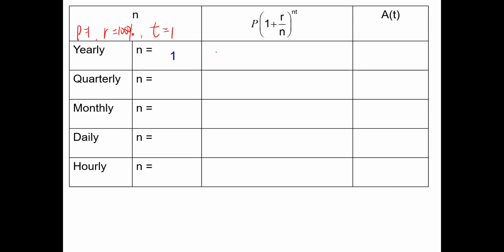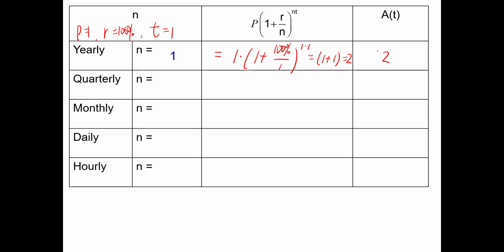So that should be equal to principal $1, 1 unit, times 1 plus 100%, raised to the n number of compounding periods, 1, times t, and t is 1. So this is 1 plus 100%, which is 1 plus 1, that gives us 2. Okay, yeah, that's right. So the ending balance here should be 2 units.